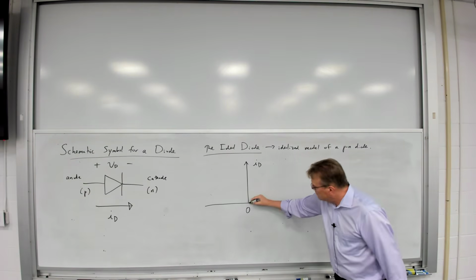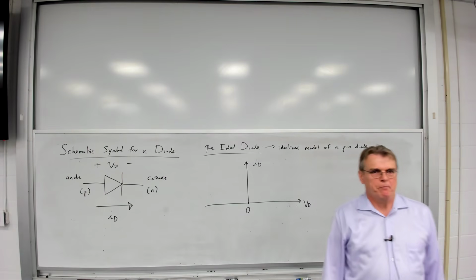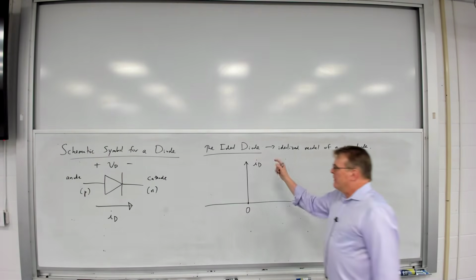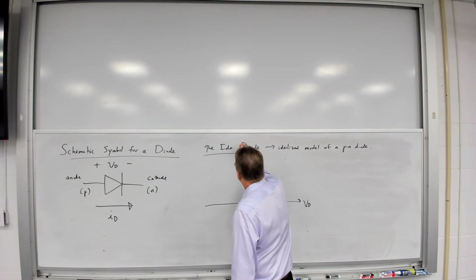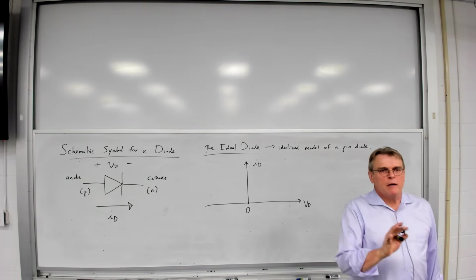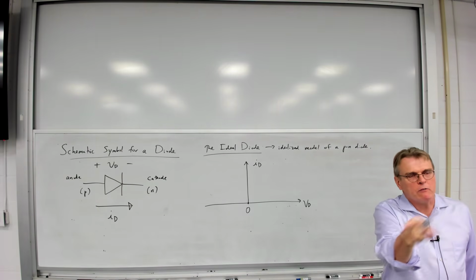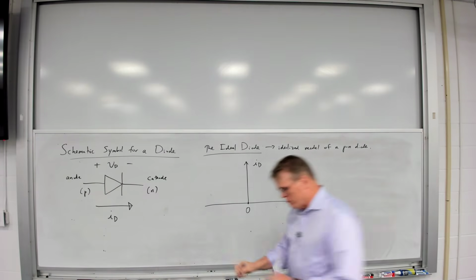So I'm going to do a little graph where I'm going to plot ID versus VD. And for the ideal diode, what I want to do is create the simplest case that shows this direct current flow in one direction. So I'm going to draw it like so.